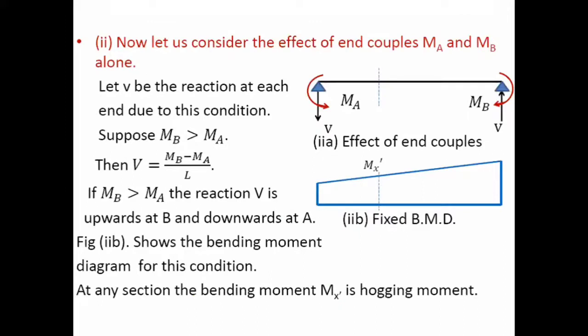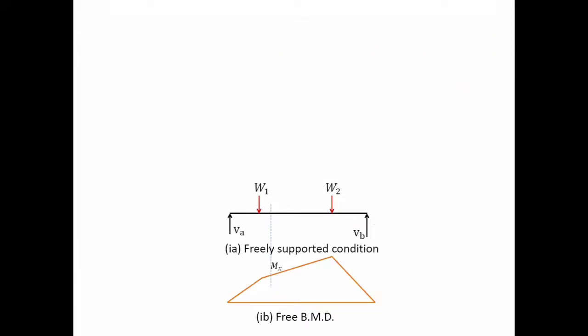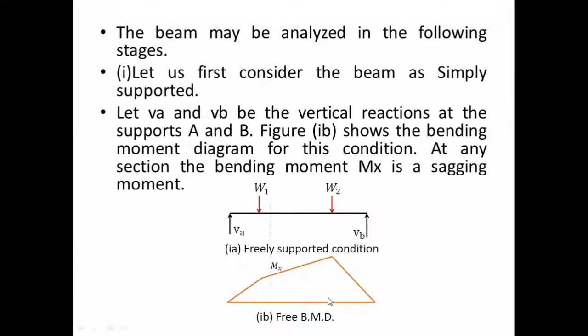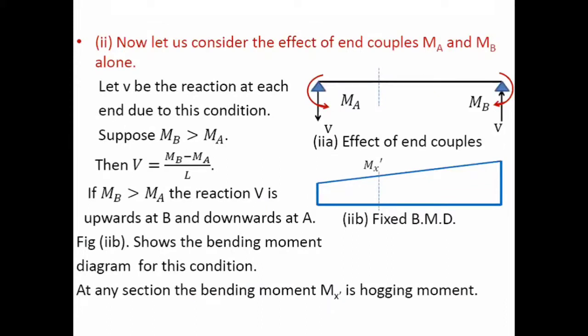Next part. Now we have shown some moments here. Here we can see the moments MA and MB. Now we are going to remove the external loading. W1, W2 we have removed. Second thing, because of these two unknown moments MA and MB, we have calculated vertical reactions V, which are equal.